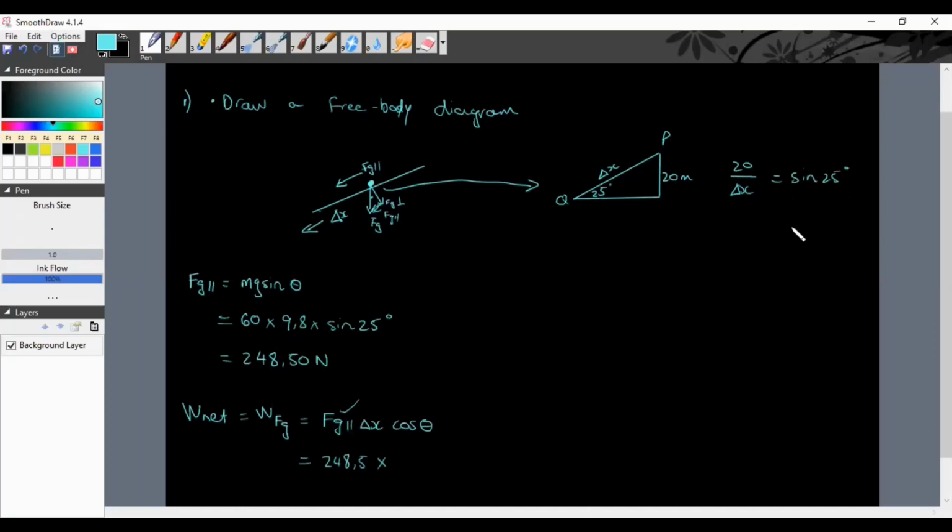To rearrange that, delta x is going to equal 20 times sine 25 degrees. Did I do that correctly? No, sorry, not 20 times sine 25, it's divided by sine 25.